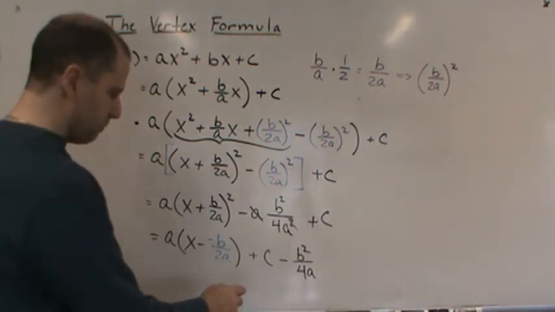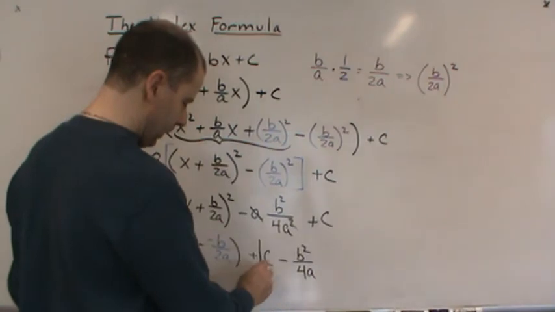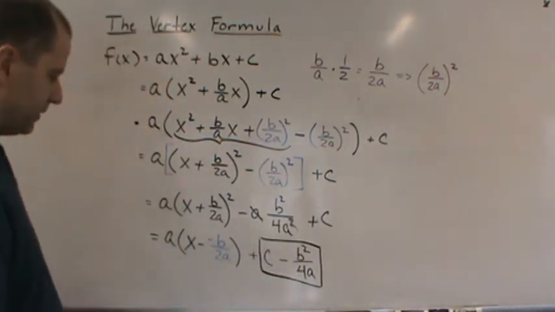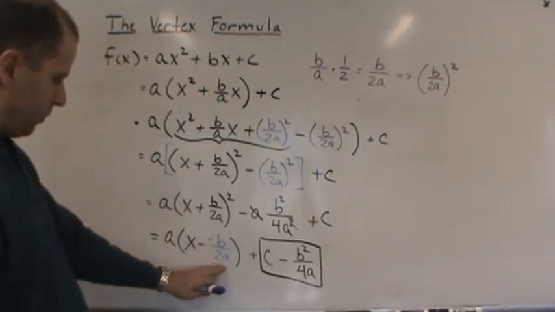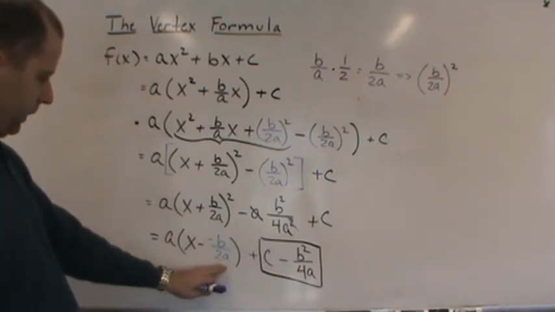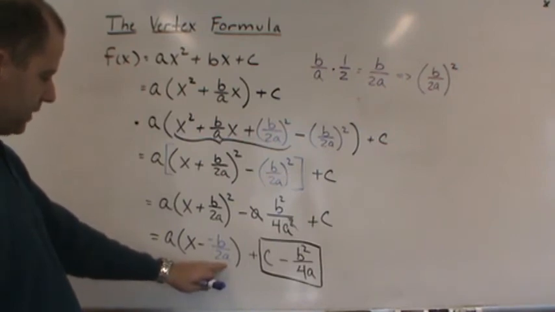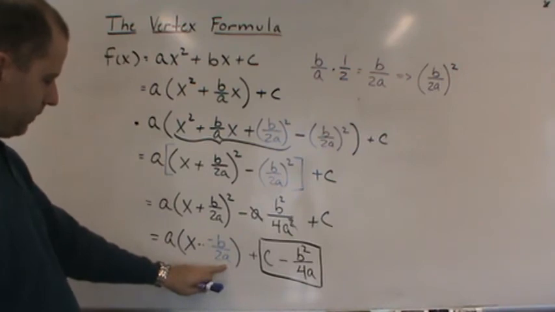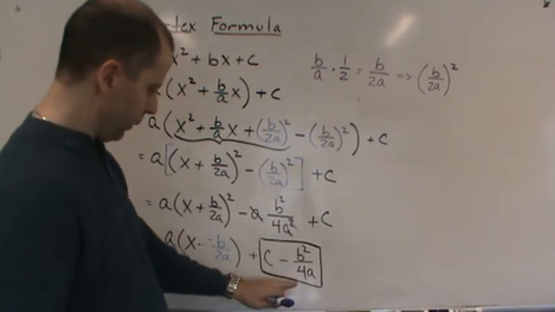Okay, now I can simplify this a little bit more. I'm not going to bother because the main thing is this piece right here. Once we know this piece here, the x coordinate for our vertex, then we know this.